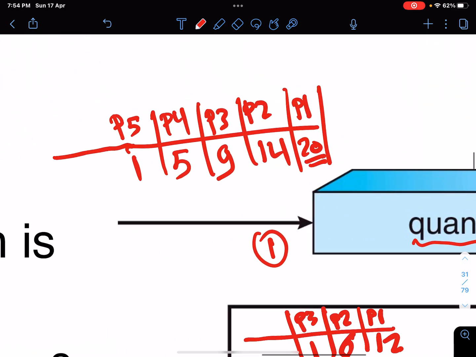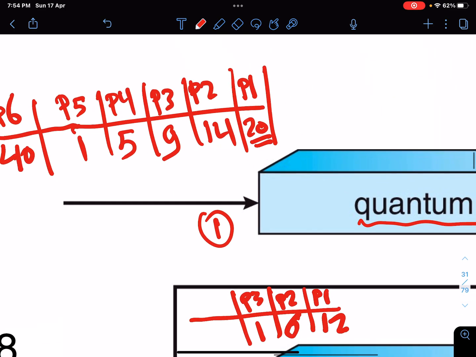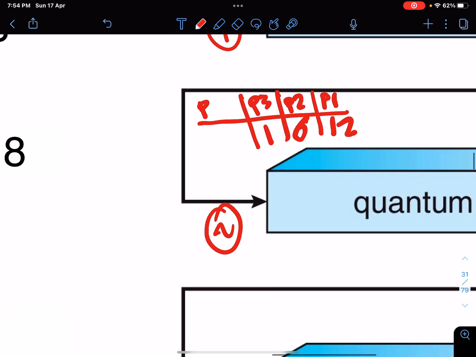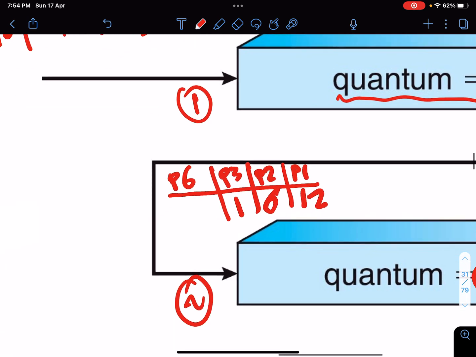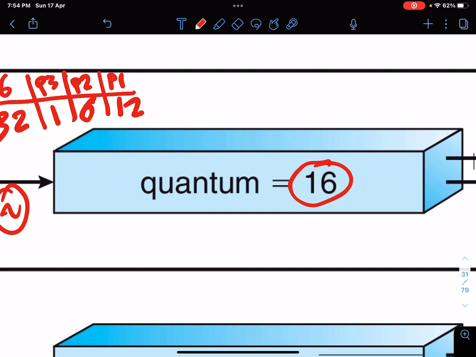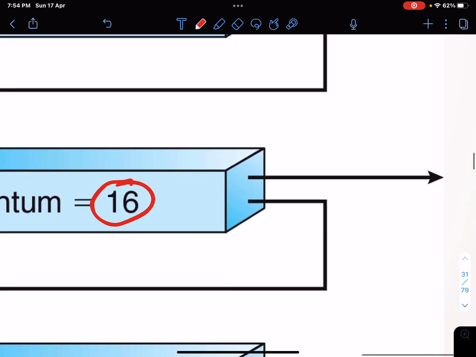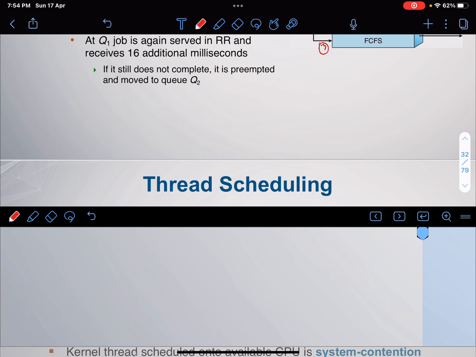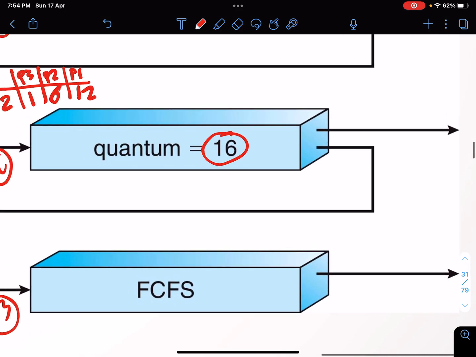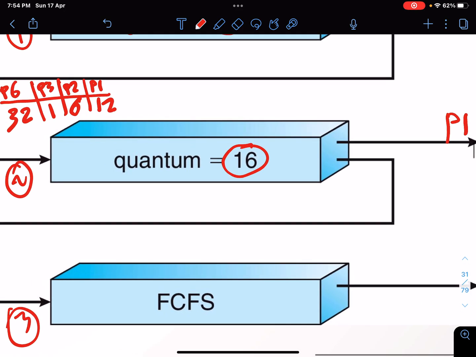Assume that I have here P6 with 40. The quantum is 8, so P6 will be here with 40 minus 8, that's 32. Here, P1 is 12 and the quantum is 16, so P1 will leave because it needs 12 to finish and the quantum is 16.